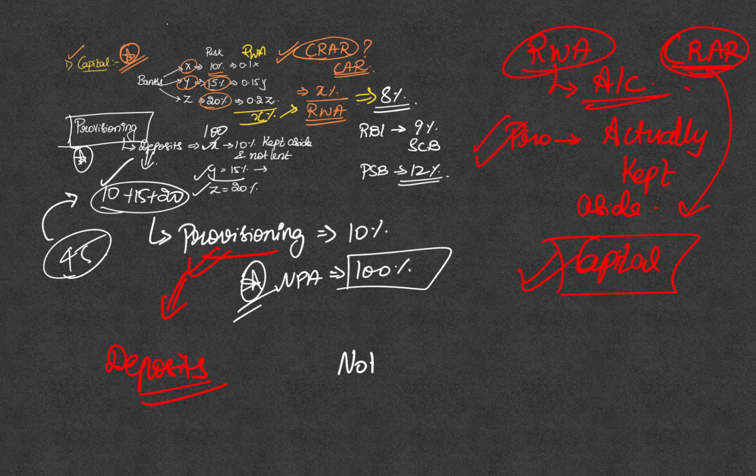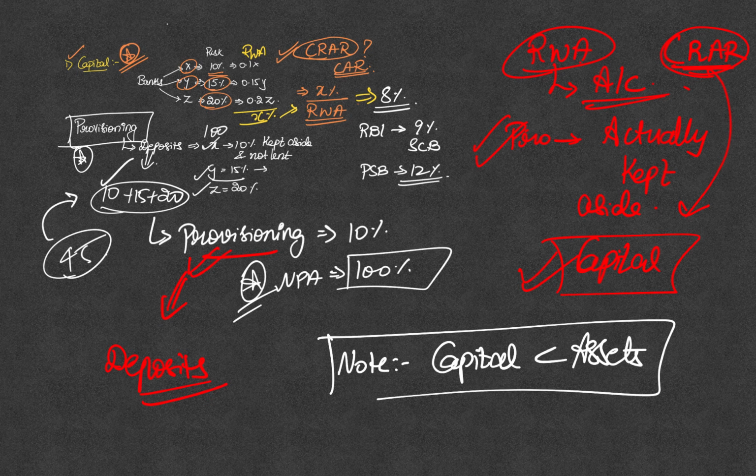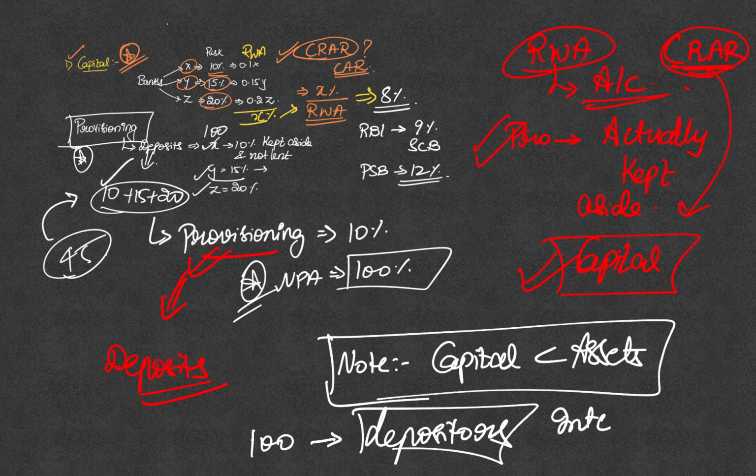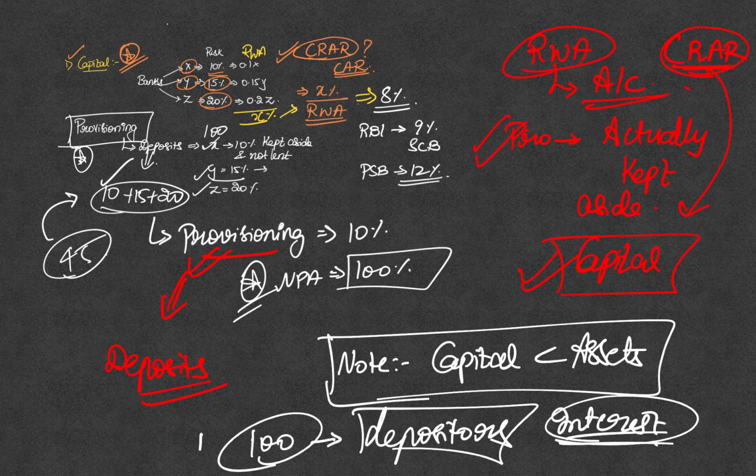So banks should have this capital to carry out new business before they think about expansion of their activities. Also note the point that capital is actually less than that of assets. Obviously you don't have to have the same kind of assets as capital. Let's say for example you have a capital of 100 rupees, and a banking company is running a business and a lot of money is circulating, depositors' money is also involved here. It is only the interest on this depositors' money that will actually increase this capital.